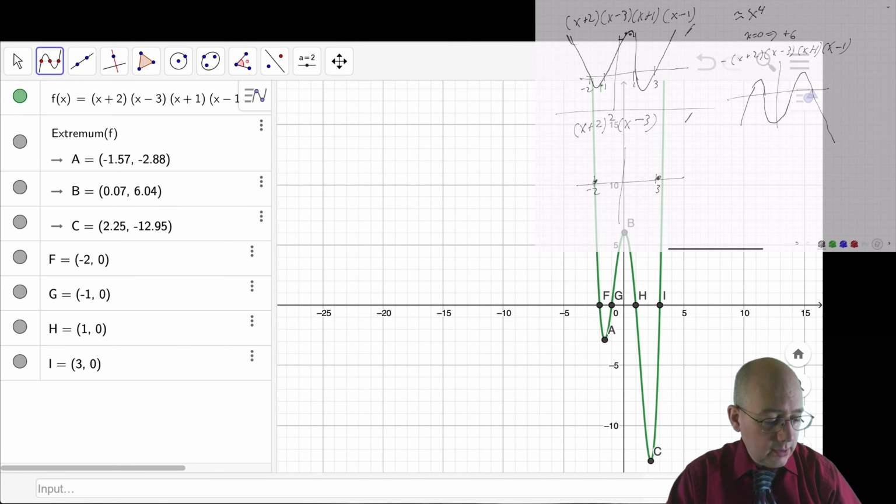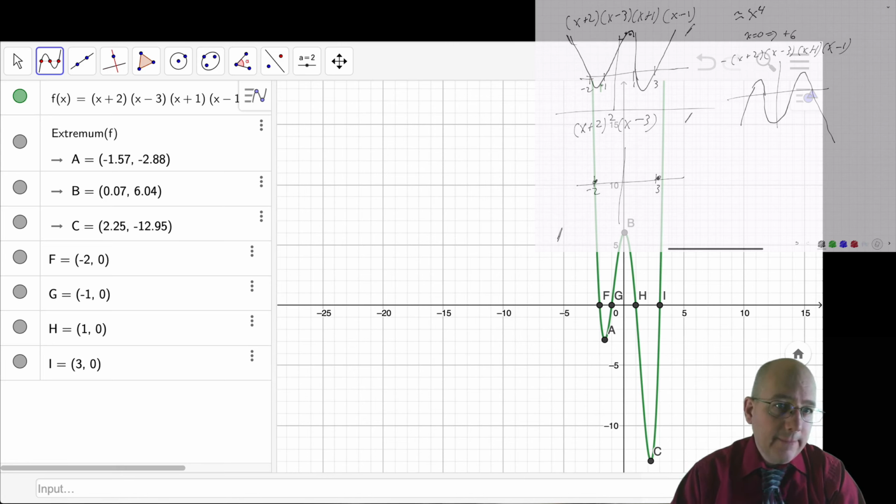And it's x cubed, so it's like this and this. For large x, you can ignore the plus 2 and minus 3, so it's just x cubed. So if you have a big negative number, you have 3 of them, so you get a negative number. If you have 3 positive numbers, multiply them together, you get a big positive number.